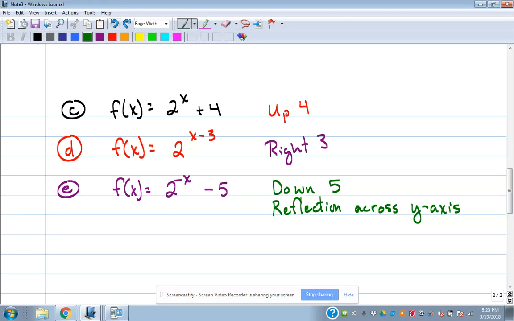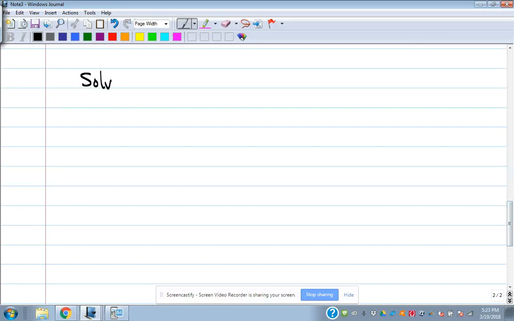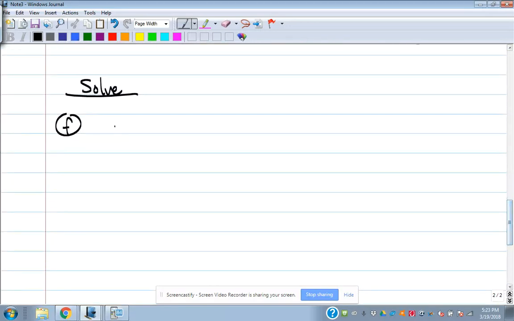And this is where it gets a little bit easier maybe. 2 to the x plus 5 equals 2 to the 8th. What do we notice about both sides of this problem?